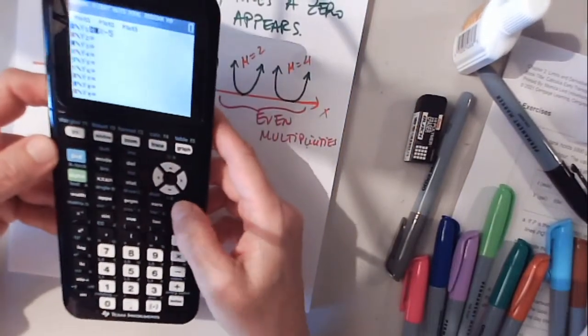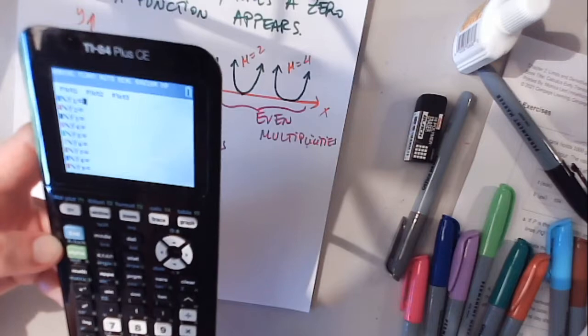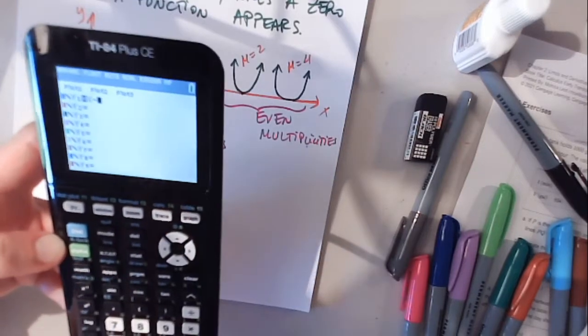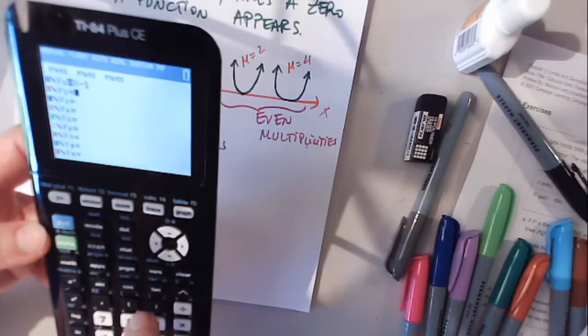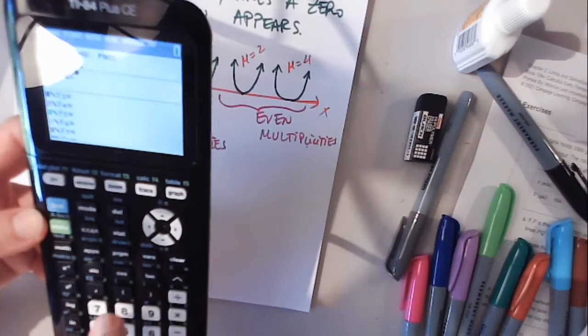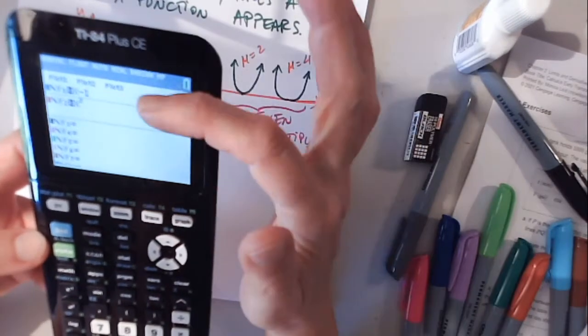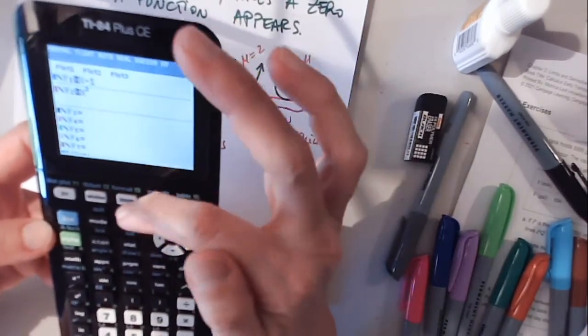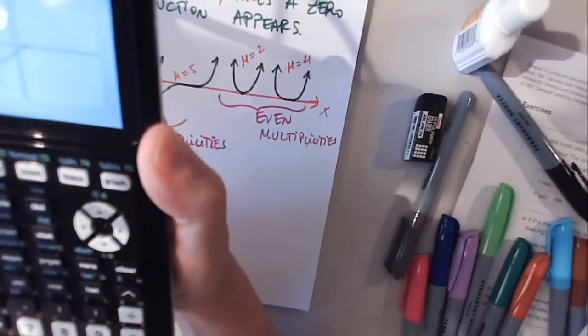So if we go to the graphing calculator and we just put in, let's say, x minus 1, and if I put x cubed, you will see the difference. So I'm graphing x minus 1, I'm graphing x cubed, and I'm using the standard viewing window, and let's see what happens.